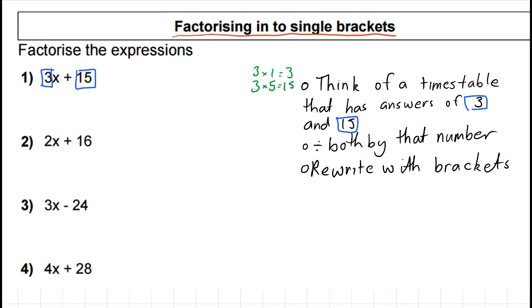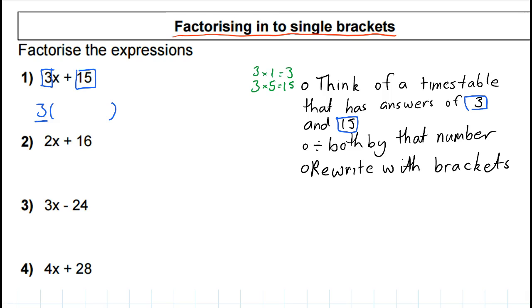Okay, so I'll show you what that looks like because that's a little bit of a skill. Okay, the first thing you do is draw brackets. Okay, the next thing you do is you chuck your 3 outside like you saw with the last question.